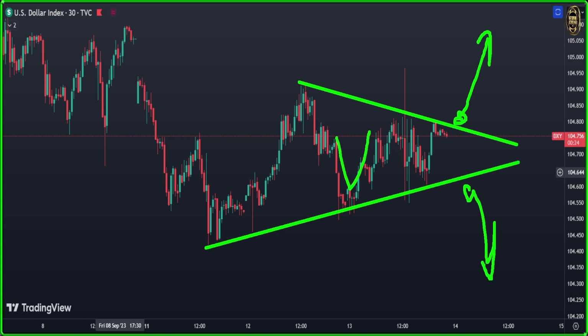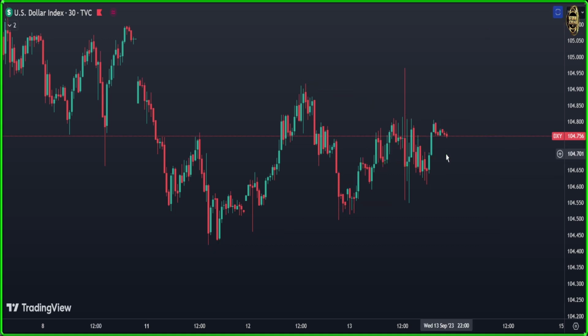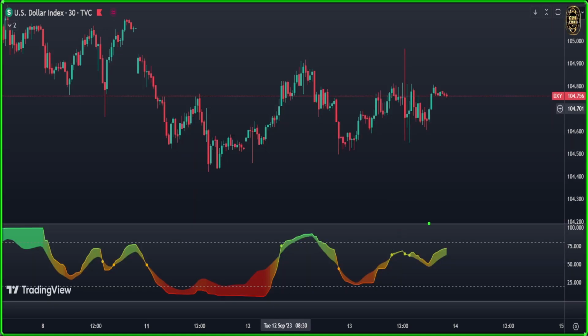Also we are stuck in a sideways level, so there is nothing. Let's see what our indicator is saying. Our indicator has not yet touched the overbought or oversold area, so it's stuck between them. So there is nothing. You need to wait until it touches the overbought or oversold area to make a decision. At this time there is nothing, so you need to wait until the right time, guys.